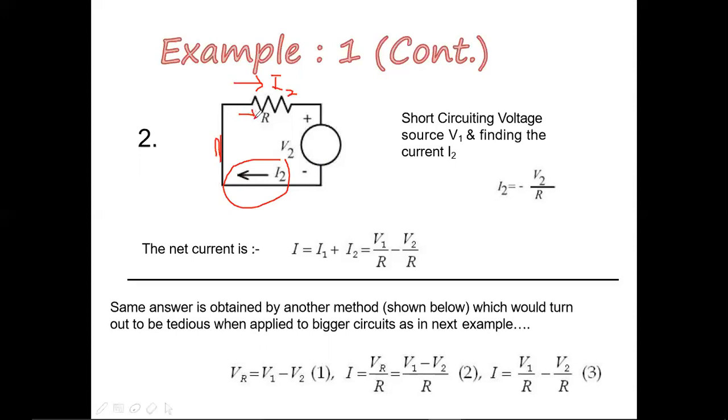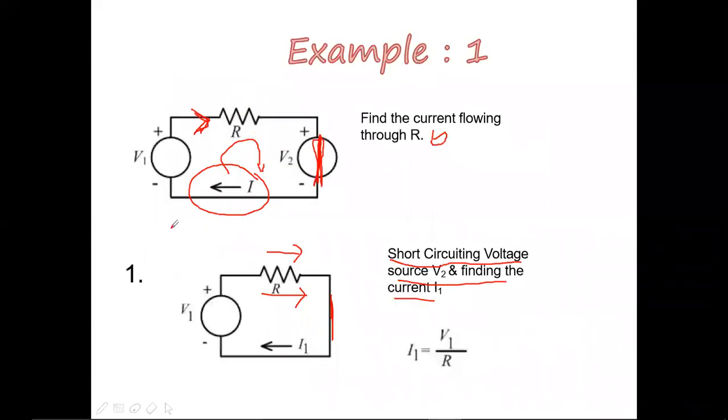So then add both currents, I1 plus I2, means V1 by R minus V2 by R. Then you will get the current which is flowing through this resistor. Try to observe here, you will get the answer in terms of V1 by R minus V2 by R. Then you will get a current which is flowing through this in this direction, right?